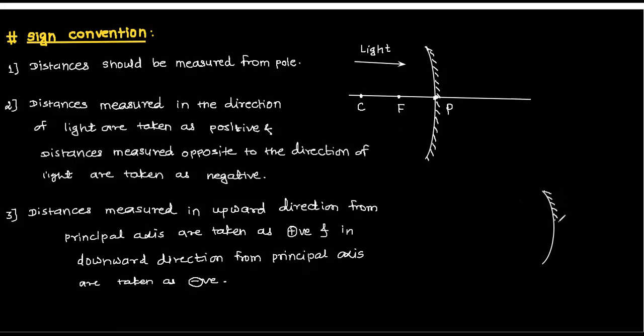Now this mirror is a concave mirror, and here is the principal axis. Suppose this is the center of curvature, this is the focus, and suppose one object is there.